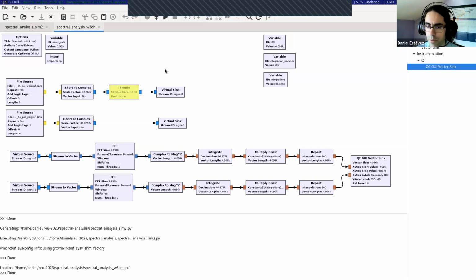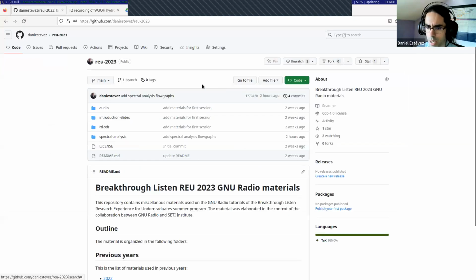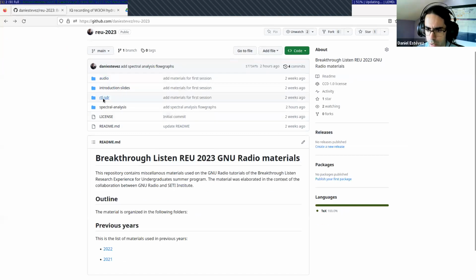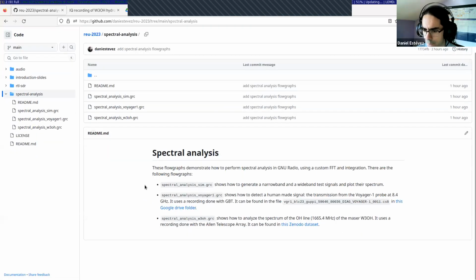And the frequency for this spectral line is actually 1665 megahertz, I believe.